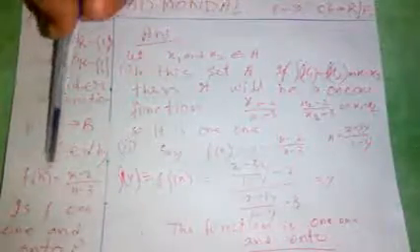If you put x1 here, it will become (x1 minus 2) by (x1 minus 3), and if you put x2 here, then it becomes (x2 minus 2) by (x2 minus 3). If you solve it, I have not shown the solution here, you will get x1 is equal to x2. Thus you can say that this is a one-one function as per the definition.